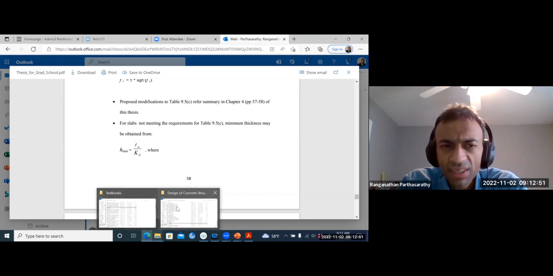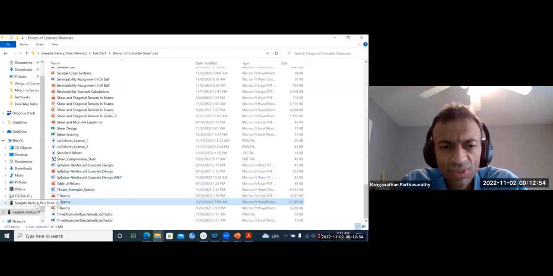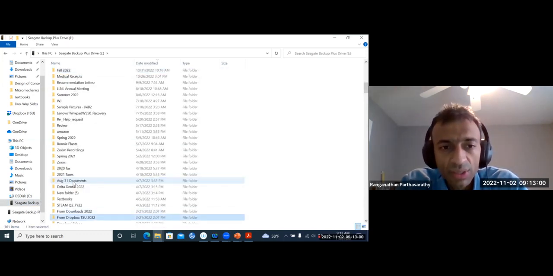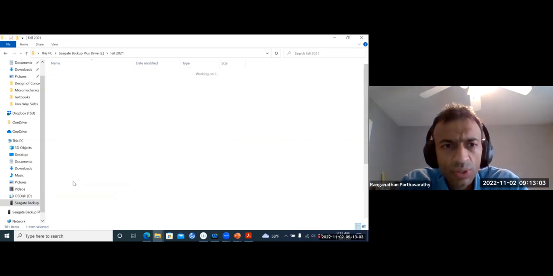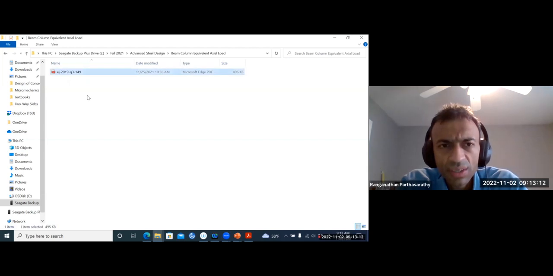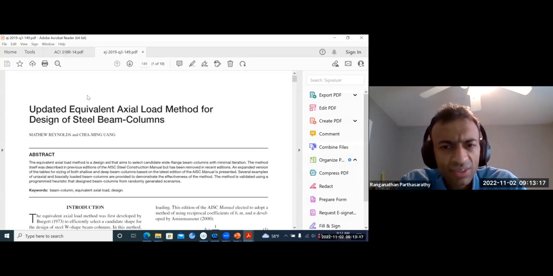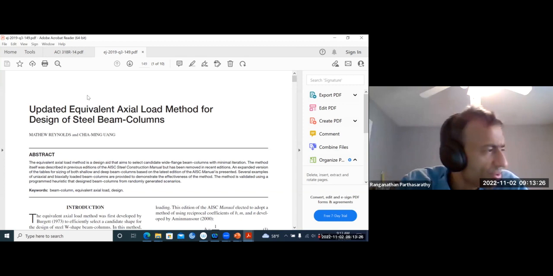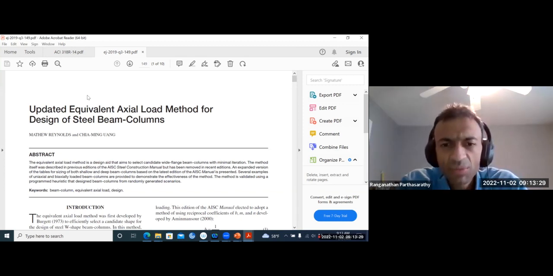Let me just show one example, though this is a concrete class. In the beam columns, we use this method for finding our equivalent load. When we are doing second order analysis, it's not easy to just go by load and moments in two directions and then start looking up which section satisfies. It will be more like trial and error.